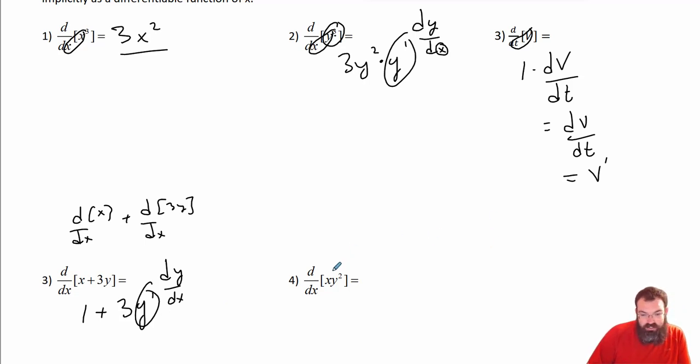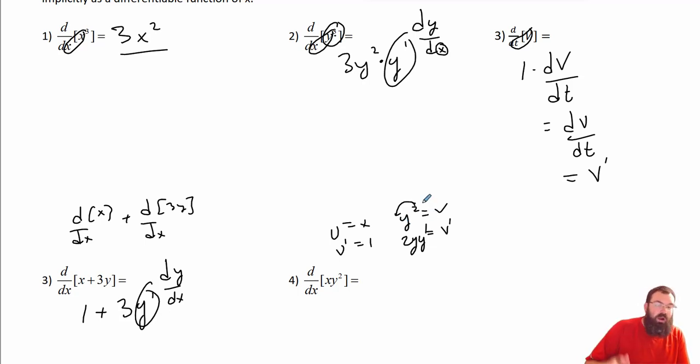The one on the right, this is product rule. I'm going to say u is x and y squared is v, so u prime is 1 and v prime is 2y y prime, because the 2 comes down when the exponent stays there, and then I have to find the derivative of y, which is y prime because it's with respect to x.